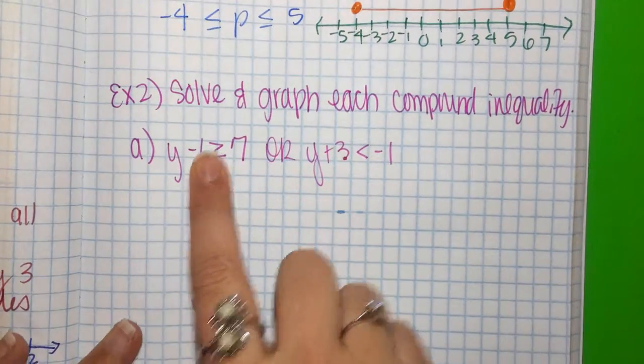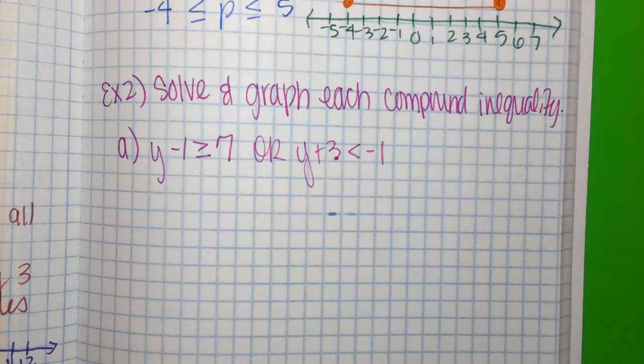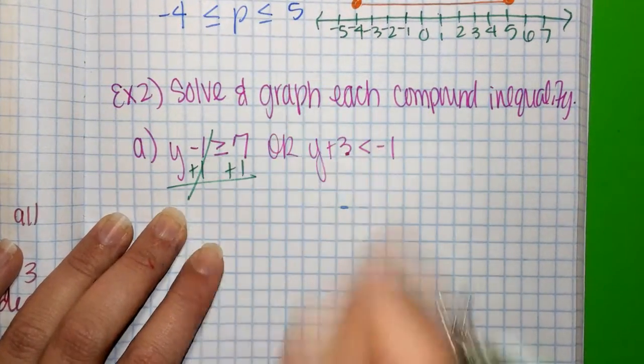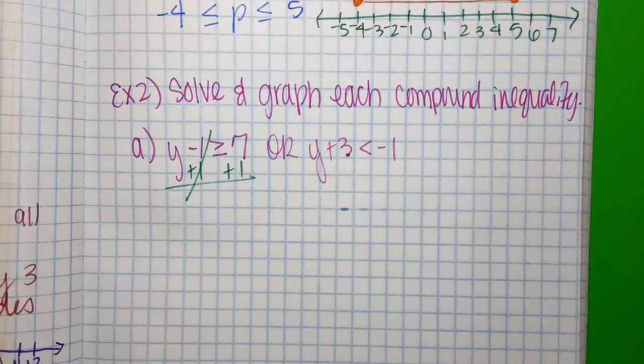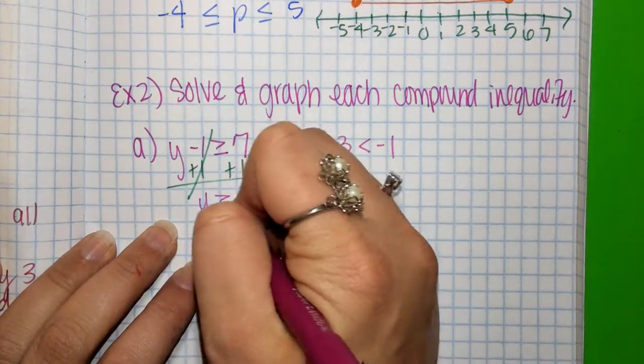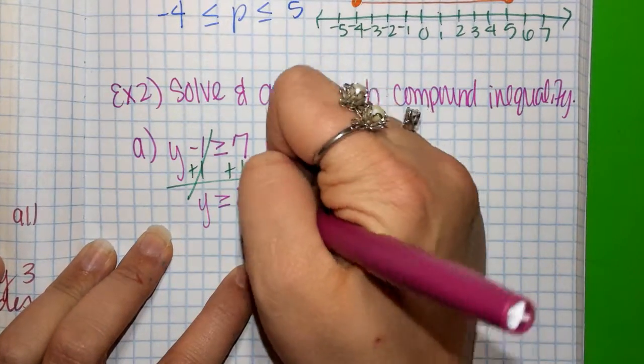All right, so first solve the one on the left. How would we solve this? Add 1 here, add 1 here. Boom. Then you have y is greater than or equal to 8.